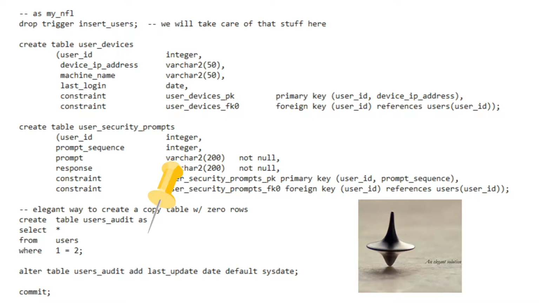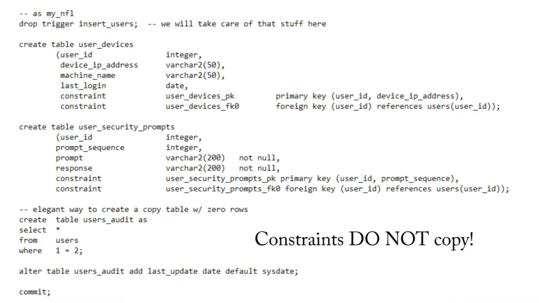Next, please check out this very clever way of copying a table structure without the associated rows. That where 1 equals 2 clause basically says, go ahead and give me the metadata, but leave the actual data rows behind. Leave that clause off and the rows come over too. By the way, when you do this kind of table creation, the constraints do not move over to the new table.